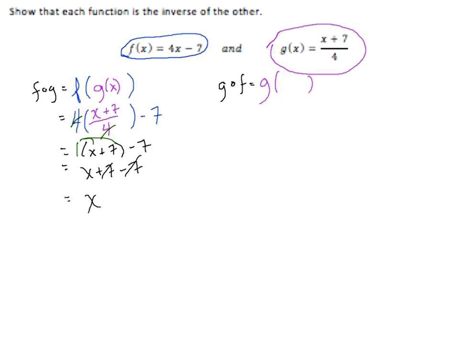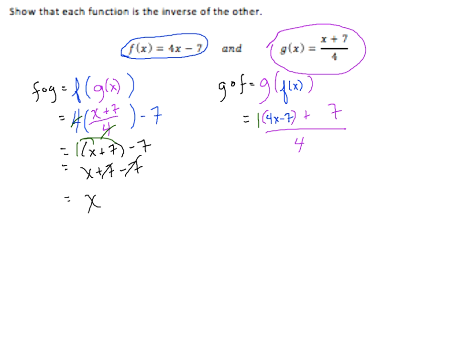So g is now my shell function, and f is my plug-in. Continuing on, I have something plus 7 divided by 4, and that something is my f of x function, which is 4x minus 7.